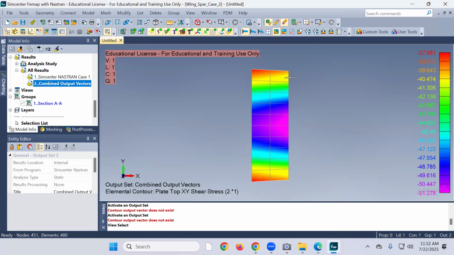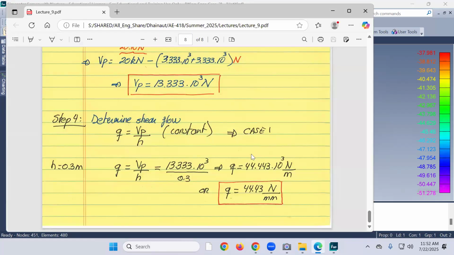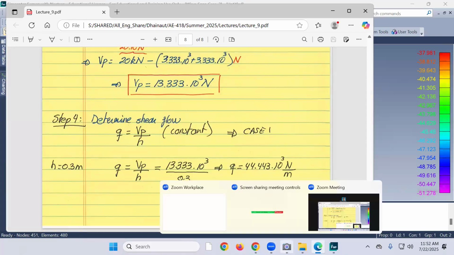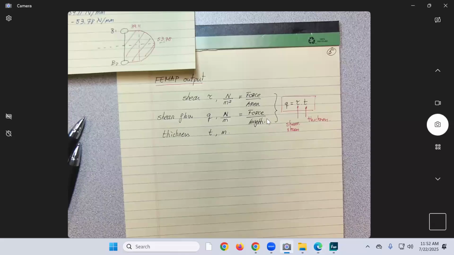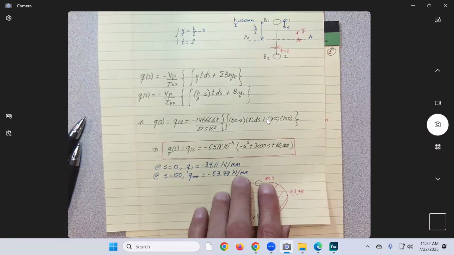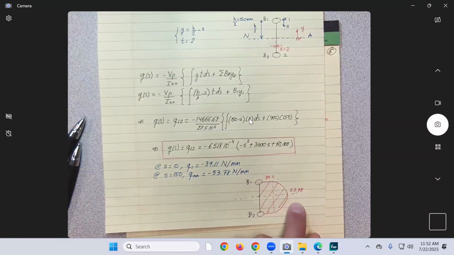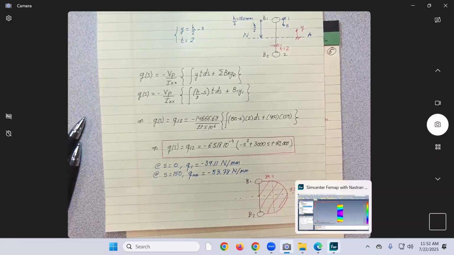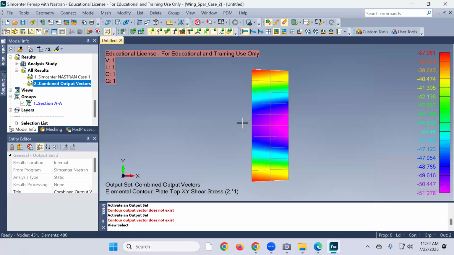You see this is non-constant. It's growing from 37 to 51, right? And this is basically what we were getting over here on the previous page, going from 39 to 53.78. So now we have been able to check again the hand calculation with the FEMAP.